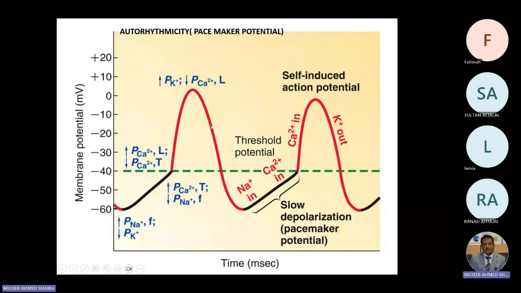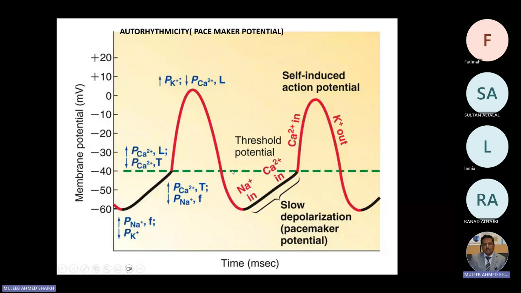So potassium will move out. That efflux of potassium will cause the graph to go down. This is called the repolarization phase. The one which is coming down is the repolarization phase. This is due to the exit of potassium. So the same thing will happen again in the next beat, in the next cycle.